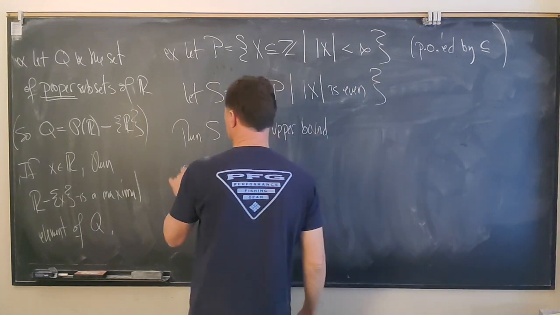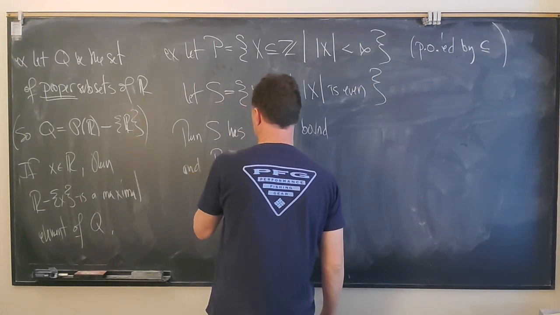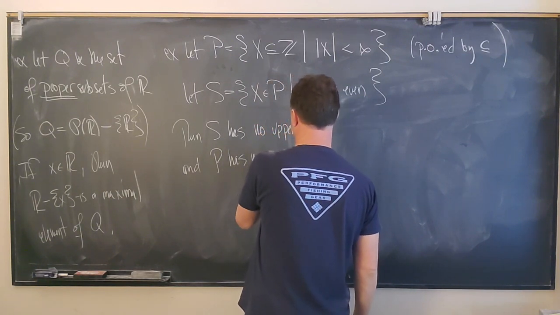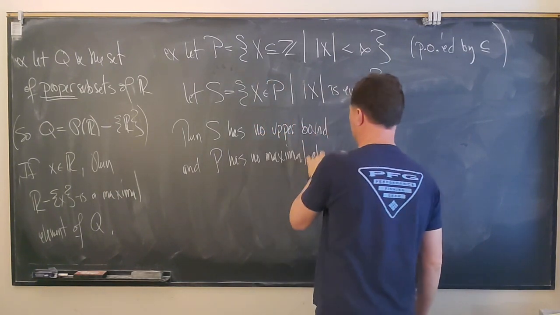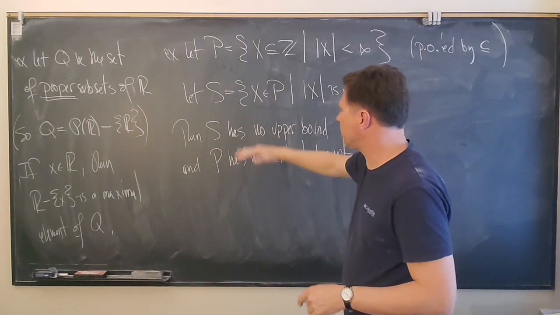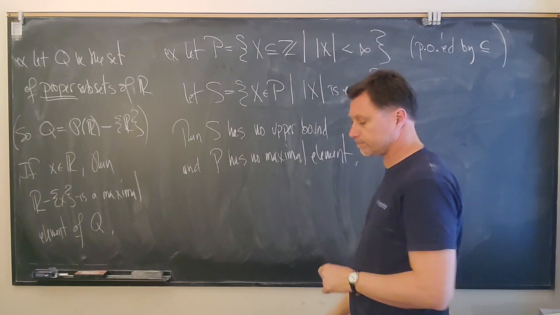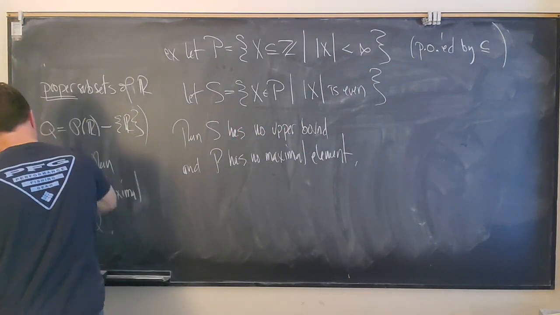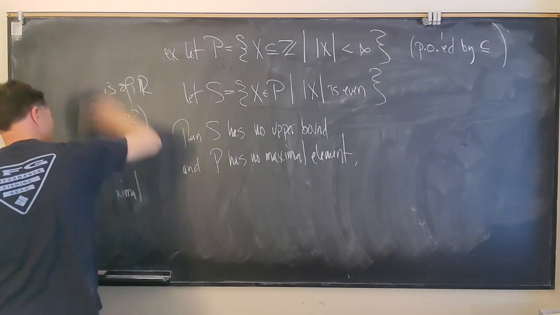And P has no maximum element. So you should write up little mini proofs of each of these two facts right here. And then let's end with the following.